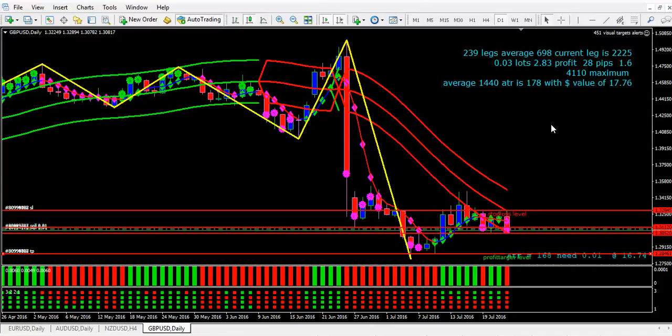Quite often on Sundays, if it finishes at the bottom of the day and finishes at the bottom of the week, it will gap down. And when you're trying to make like 1%, all you need is about 20 pips on most pairs. It quite often will gap down 20 if it finishes at the bottom. Now, if it finishes at the top, quite often it will gap up. It's a risk.